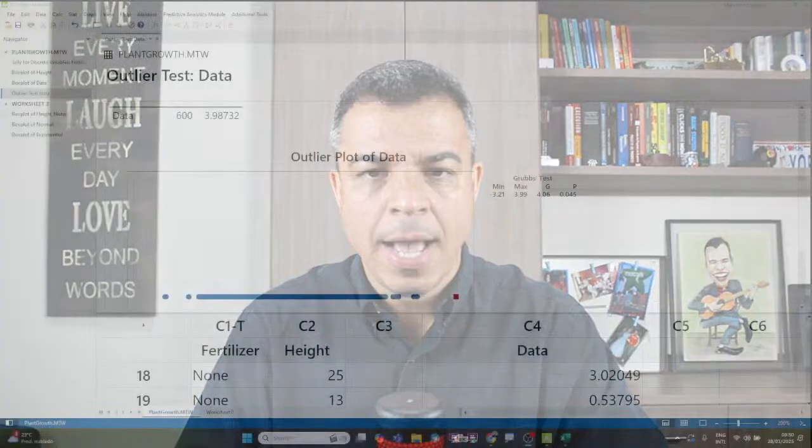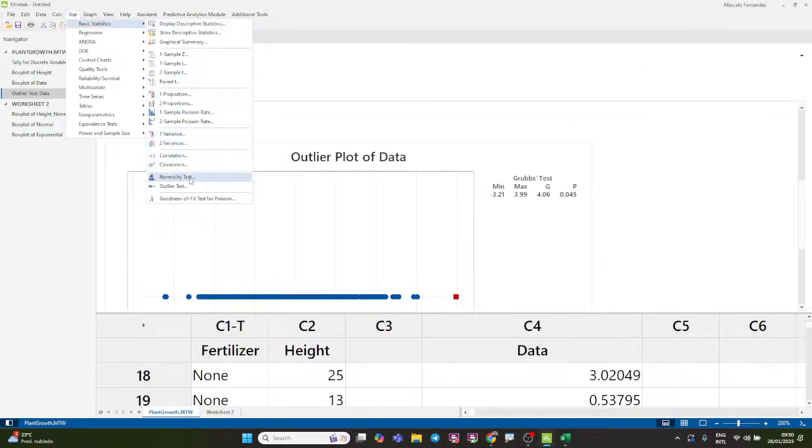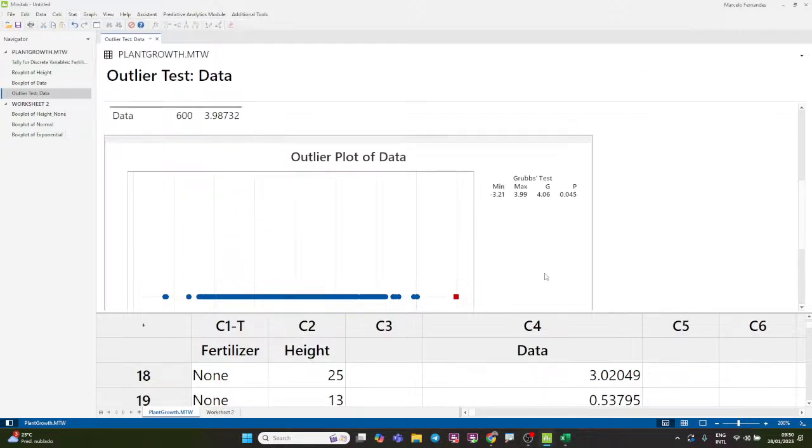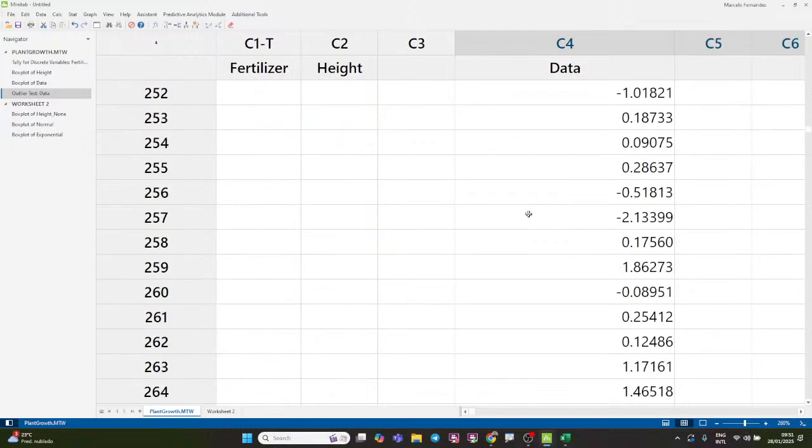So why am I saying that? The larger your data set, the higher the chances that you have false alarms. Okay? And then one of the things that you can do is exactly as I did here. I ran an outlier test, basic statistics, outlier test. And in case, let's suppose we did not have this data point, 600.